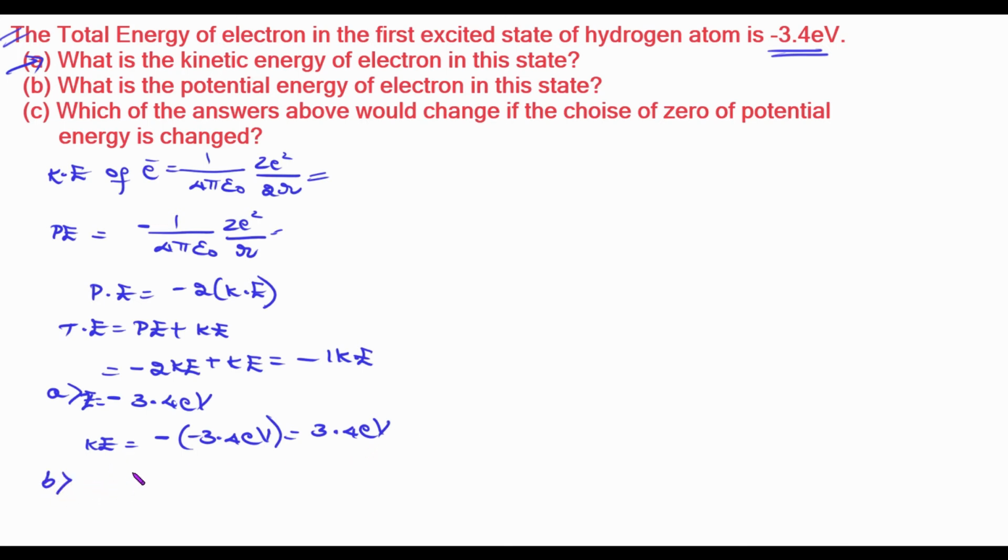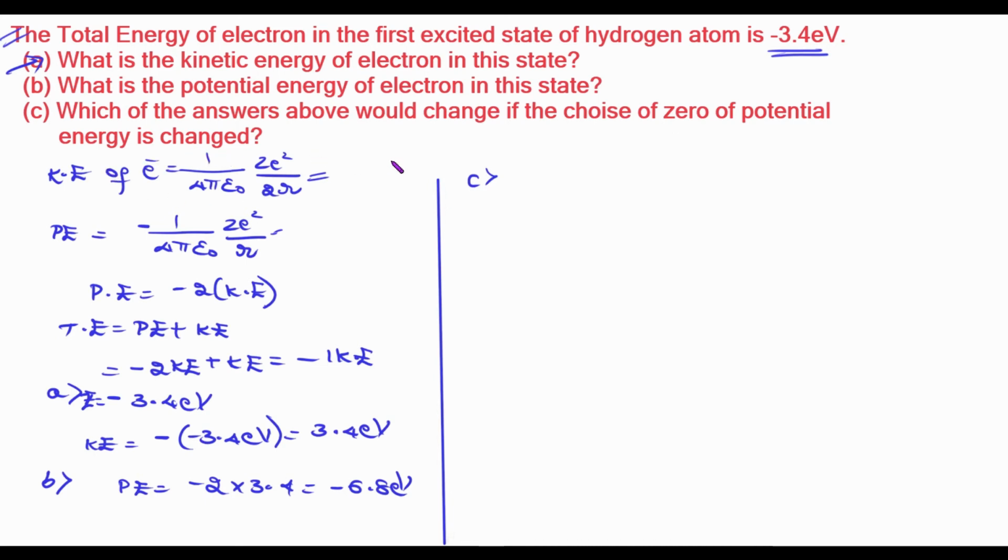Here the potential energy of electron in the excited state is minus twice 3.4, which is equal to minus 6.8 electron volt. Okay, so the third one is remaining. One more part of the question is remaining, which is question C. Which of the answers above would change if the choice of 0 of potential energy is changed?